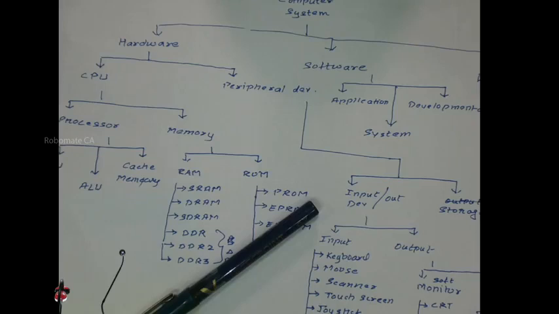Application software is working for me. Developmental software is preparing applications. Then what is system software doing? System software is controlling the hardware. System software is running the hardware, and the hardware which is working is of my use.